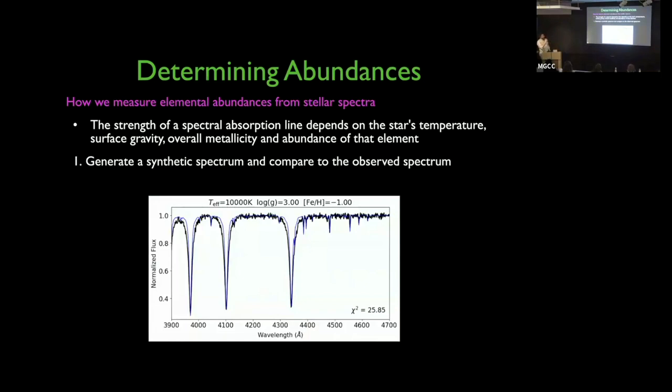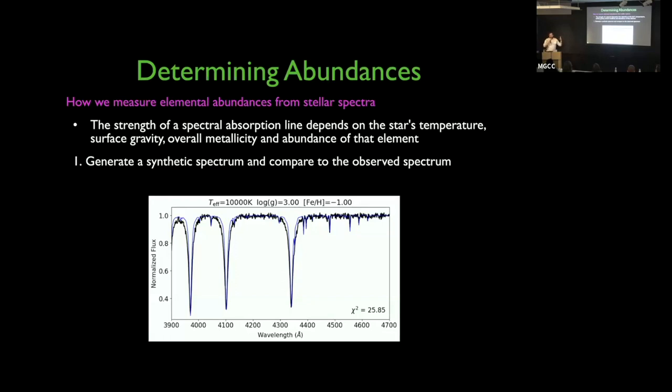We use a spectral synthesis package that internally figures out how different energy levels are populated in atoms in the atmosphere and at different depths in the atmosphere. Then it figures out what particular lines look like, what their broadening looks like, and it can create this nice synthetic spectrum. The observed is in black, the model is in blue.